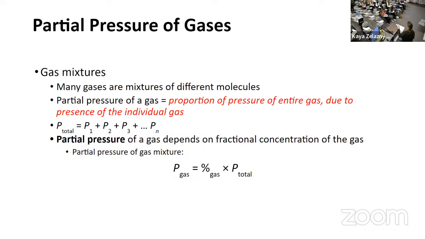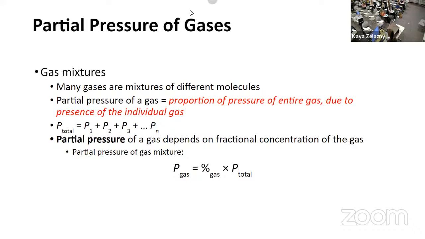We saw that atmospheric pressure was 760 millimeters of mercury. We set it to 0 when we were doing our relative pressures for the lungs, but it did have a value all on its own. But if we want to track a specific gas, it's only responsible for part of that, essentially. So the partial pressure of the gas is just referring to the proportion of that pressure that's due to that individual gas that you're tracking.